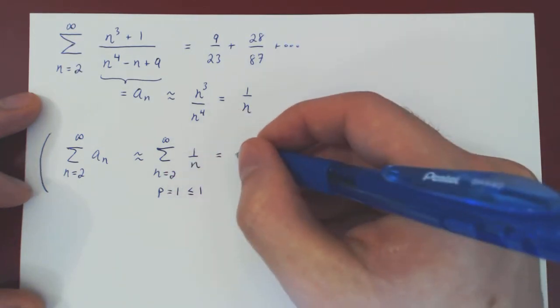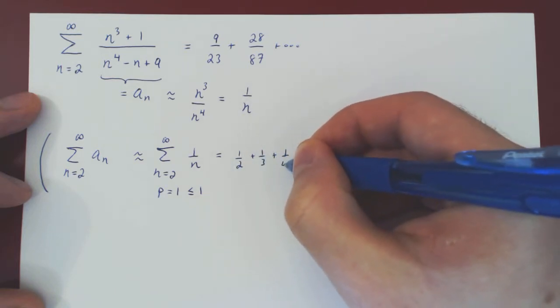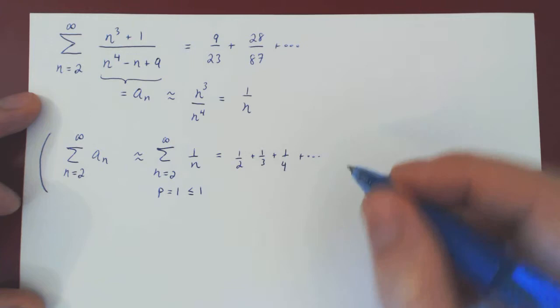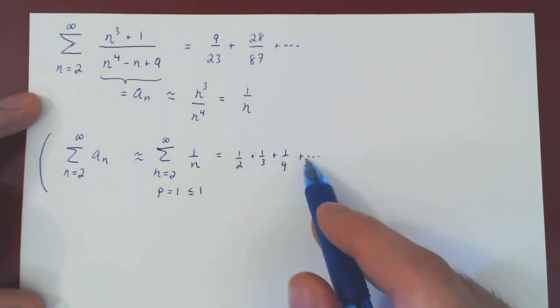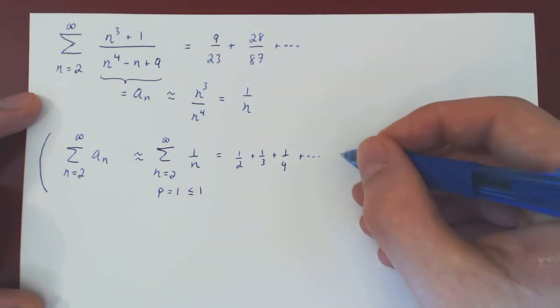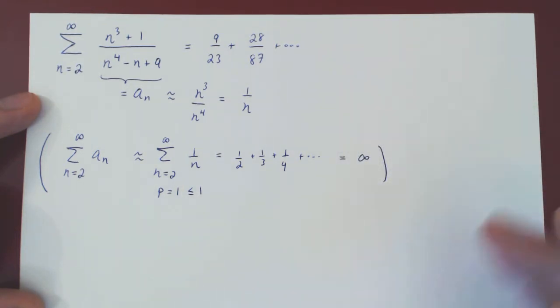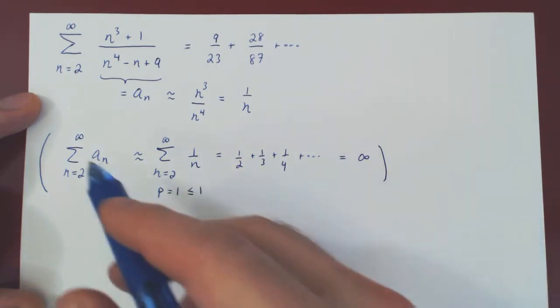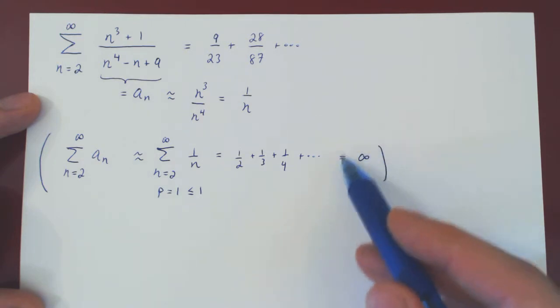So if you write this out, you'd have 1/2 plus 1/3 plus 1 over 4, dot dot dot. As we have a divergent p-series, we are summing positive terms. The result diverges, so it has to diverge by blowing up to infinity. So the intuition suggests that the original series should diverge by blowing up to infinity.